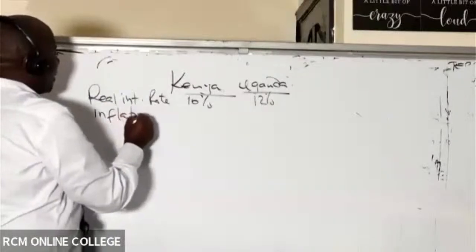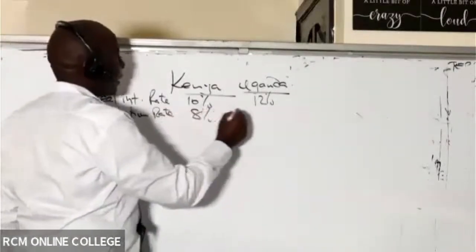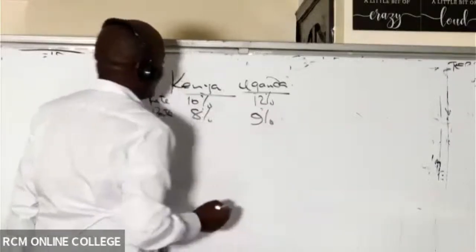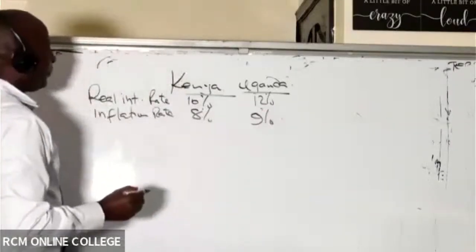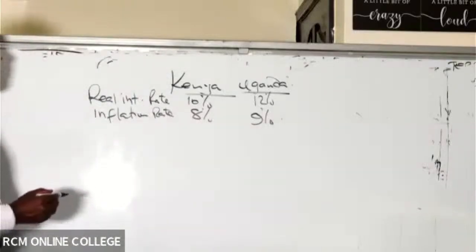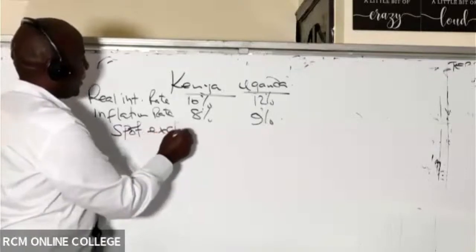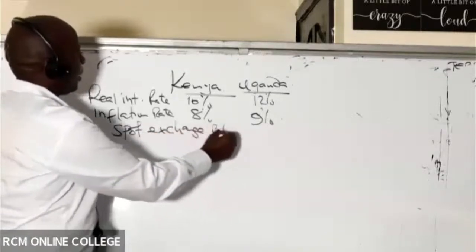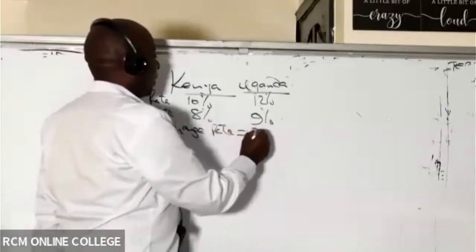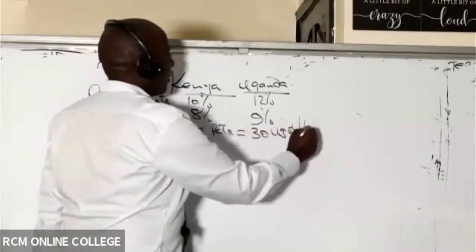Inflation rate, 8%, 9%. Spot exchange rate, 30 Uganda shillings per Kenya shilling.